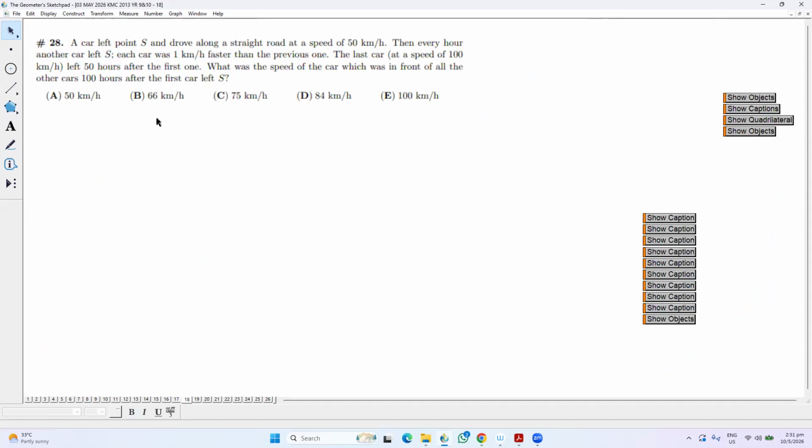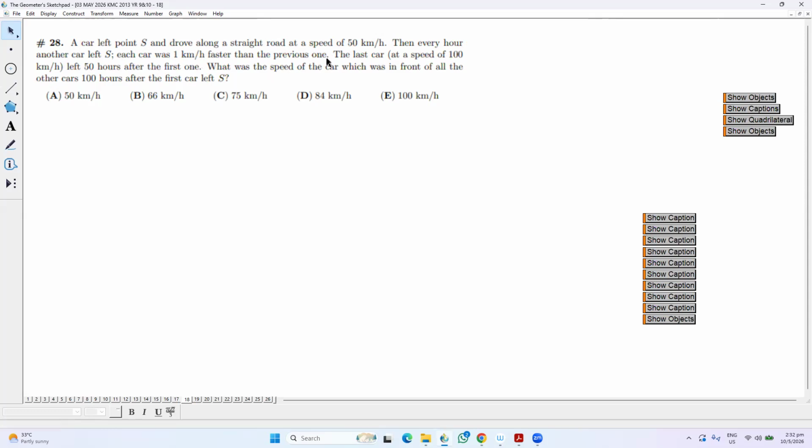Question 18. A car left point S and drove along a straight road at a speed of 50. Then every hour, another car left. Each car was 1 kilometer per hour faster than the previous one.